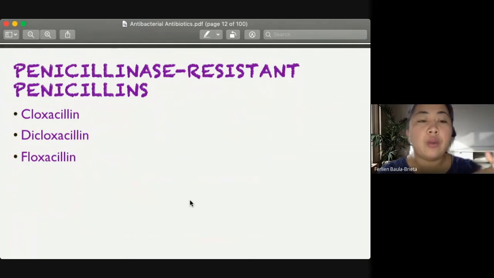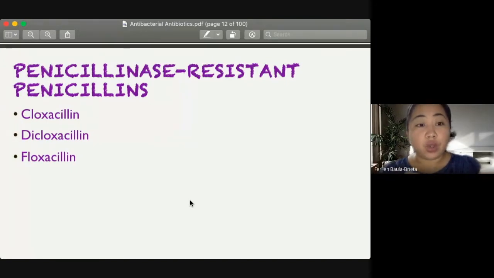We have a very simple example: cloxacillin, dicloxacillin, and flucloxacillin. Later on in our individual learning enrichment, I will ask you to differentiate the three. Obviously, the origin of this is the mother, oxacillin. Obviously, it has the element oxygen.